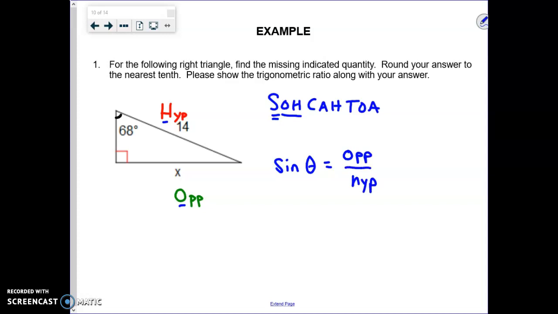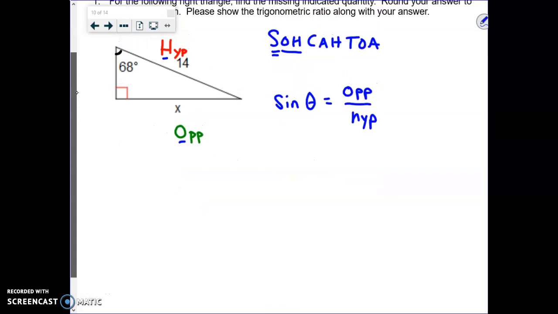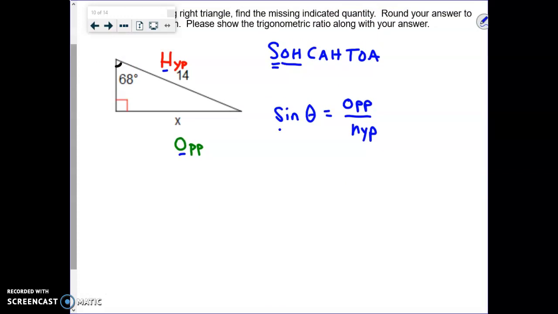Now, ladies and gentlemen, we want to plug in everything that we know. I do know the angle. The angle is 68 degrees. Sine of 68 degrees is equal to the opposite side. I've got this labeled as the opposite side.